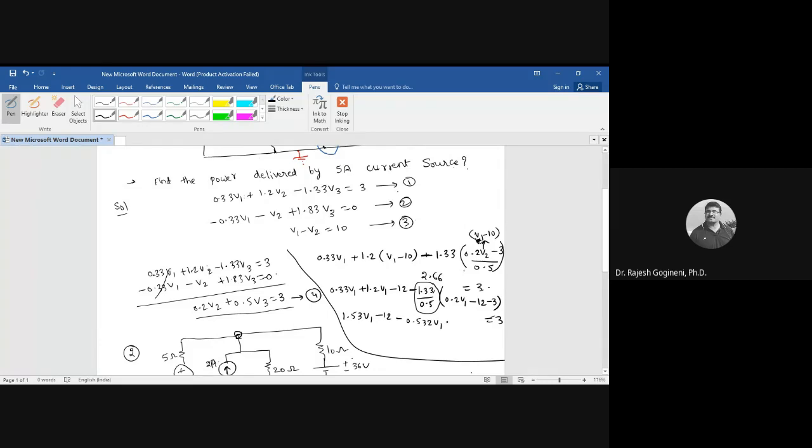This is minus into minus plus 2.66 into 15. 2.66 into 15 is 39.9, approximately 40, equals 3. 1.53 minus 0.53, that is V1. 40 minus 12, 28.